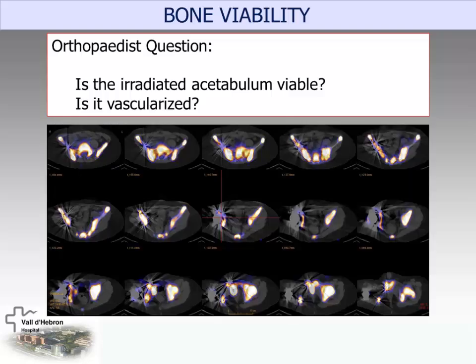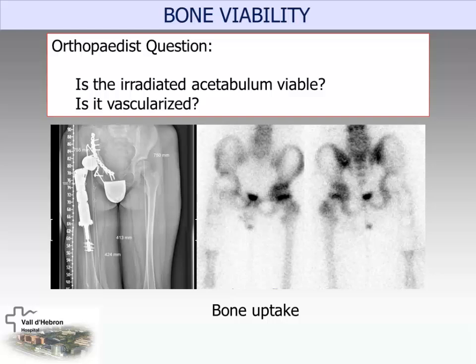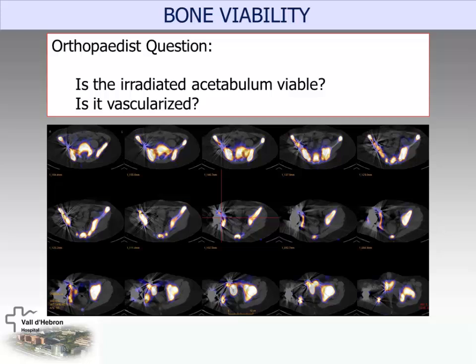This is not working very well. Well, there is an uptake on all this acetabulum. It's very well seen on the posterior view. And performing a bone CT, you can see there is an artifact due to the metal of the graft, but you can see very well the uptake on this irradiated bone.